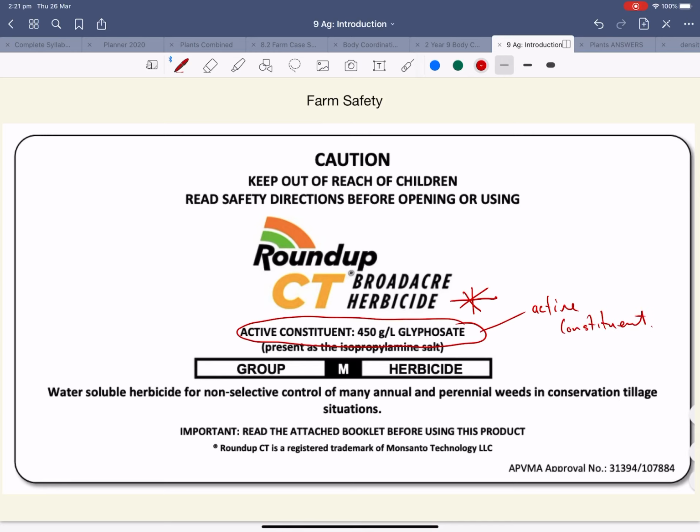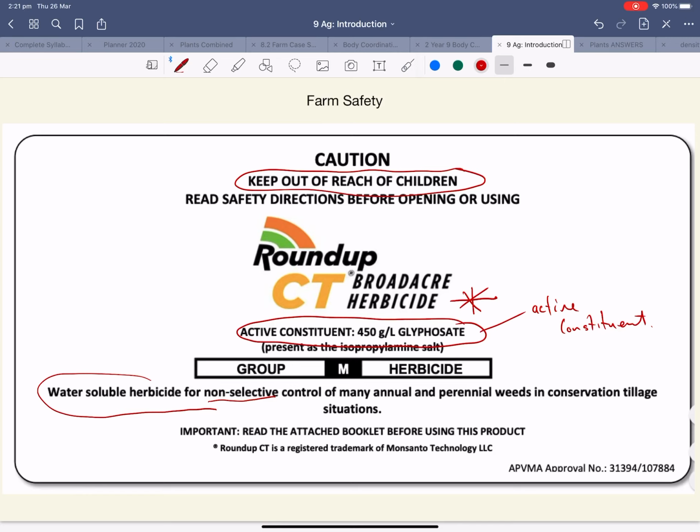So we've got an active constituent. We've got some safety precautions, so keep out of reach of children. We've got a description here that tells us that it's a non-selective control of annual and perennial weeds. Okay, so it's non-selective.